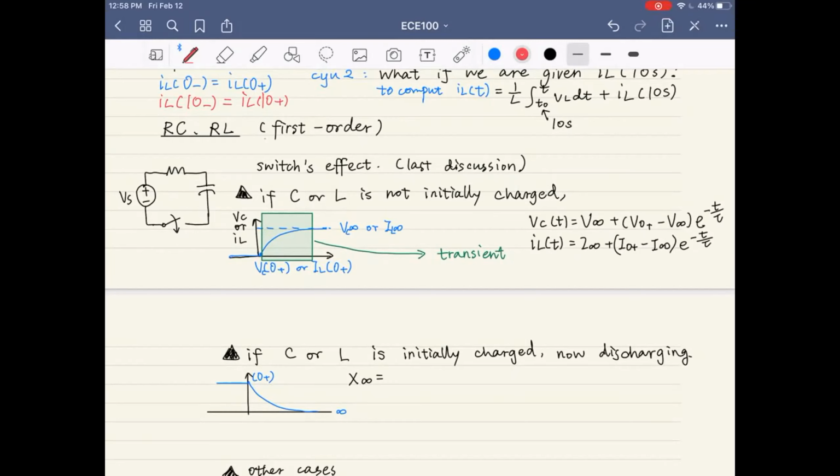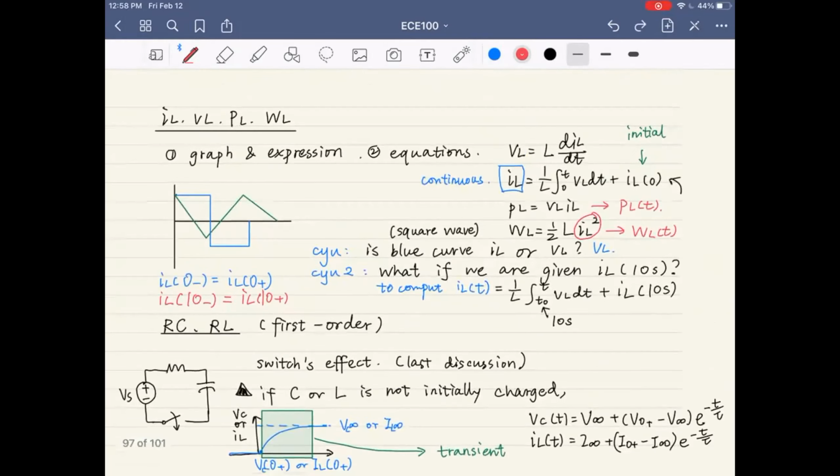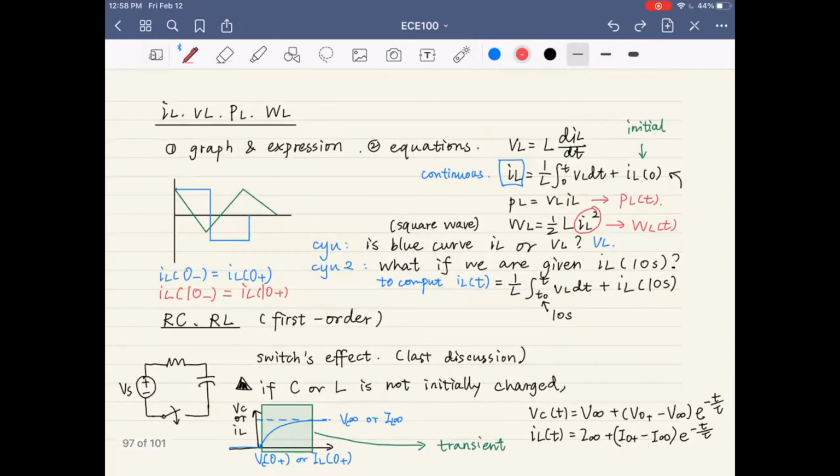We say they are first order because, as we've seen before, both the inductance and capacitance introduce an integral or derivative, right? That creates a derivative of the unknown variable. That is why we get a first order differential equation.